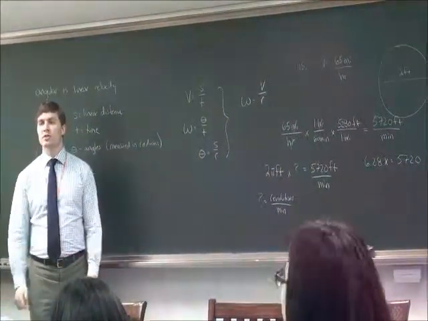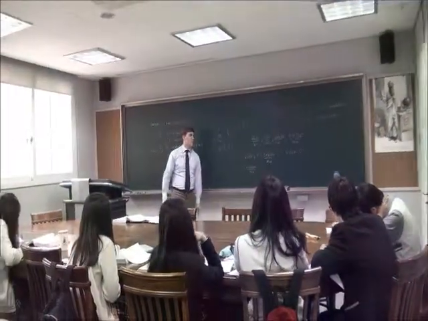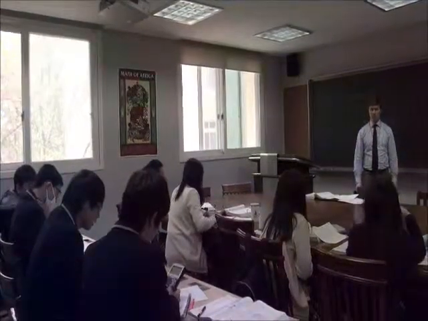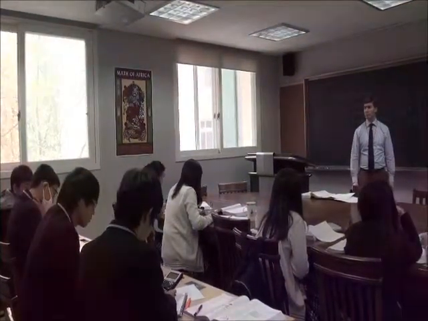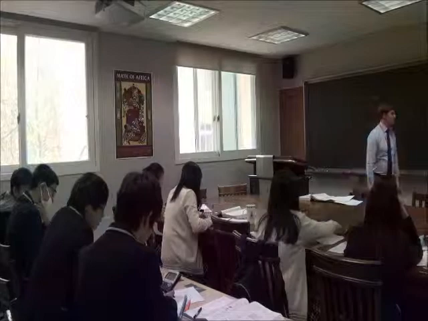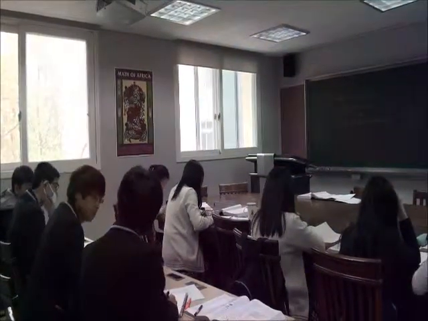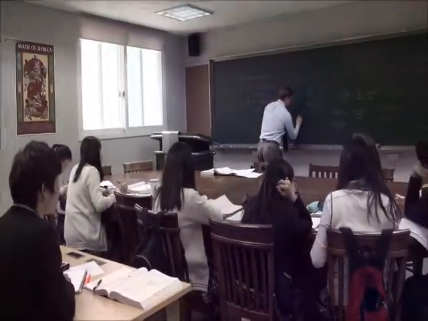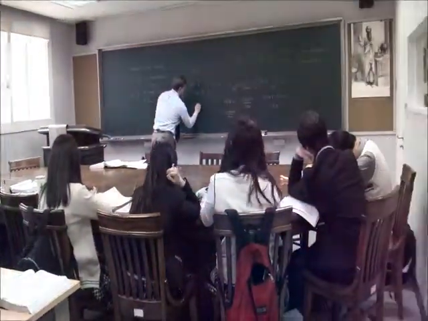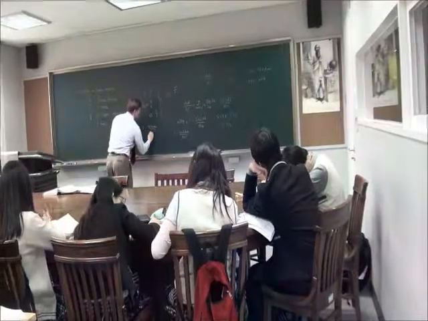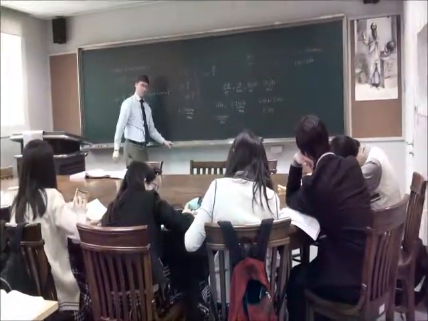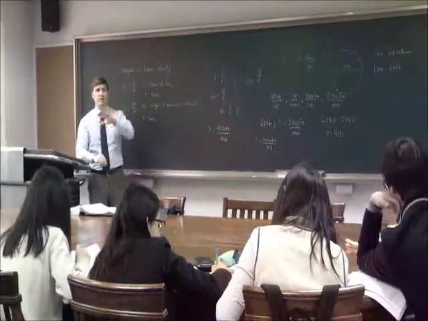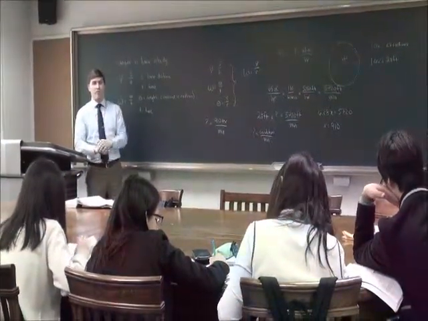Sunghun, what's x equal to, my friend? 5,720 divided by 6.28. 910.8. Okay. So about 910 revolutions per minute. About 910 times every minute that thing's going around.